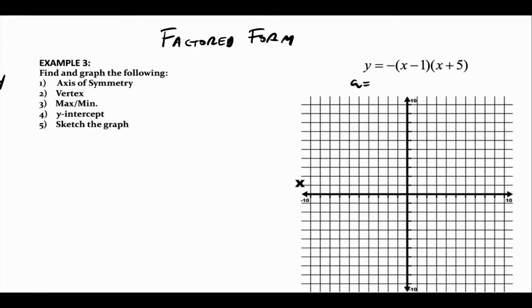So we get A. What's A going to be? -1, good. What's P and what's Q? This is where we get a little, kind of like with H, it's going to be the same thing. So here we're going to get a 1, here we're going to get a -5.